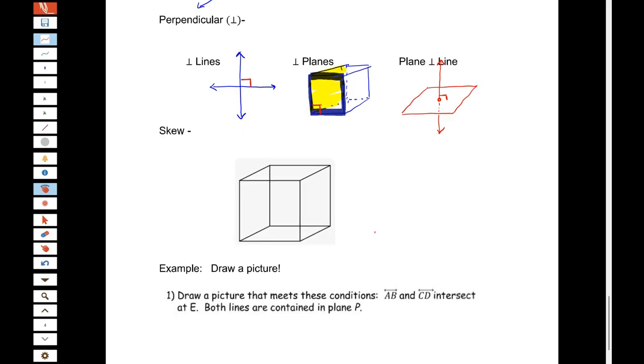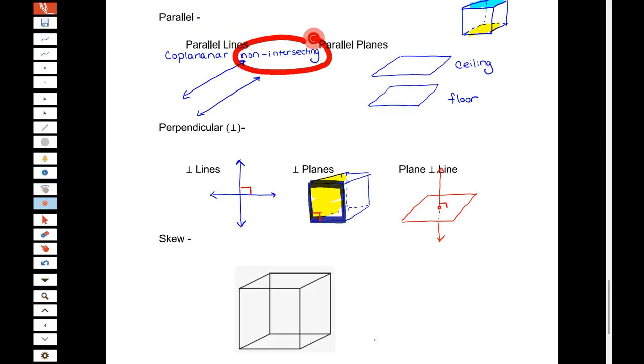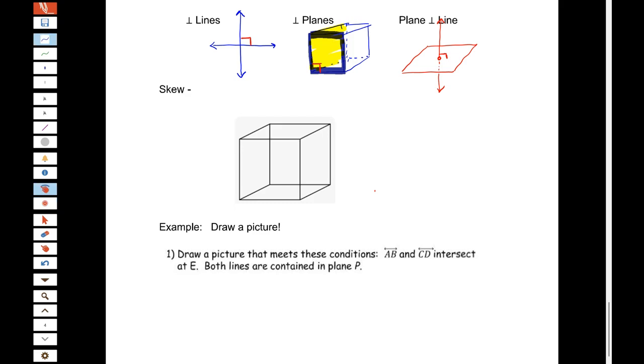Skew lines, unlike parallel lines, which we said are coplanar and non-intersecting, skew lines are non-coplanar and non-intersecting. In class, I used a meter stick, actually 2 meter sticks, to model what skew lines look like.